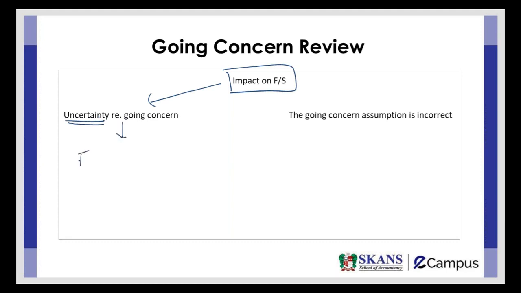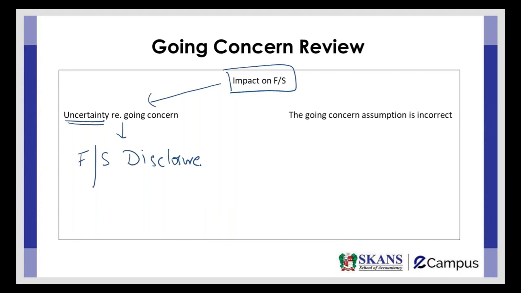In that case, all you have to do is give a disclosure in the financial statements. So you could say there's a lawsuit pending at the year end. If we lose the lawsuit, the damages will be so much that we might face going concern problems.